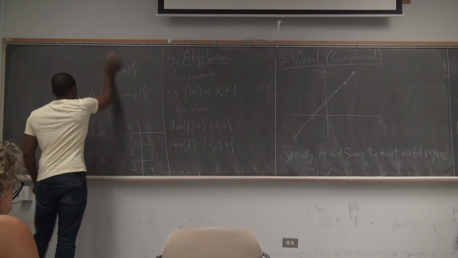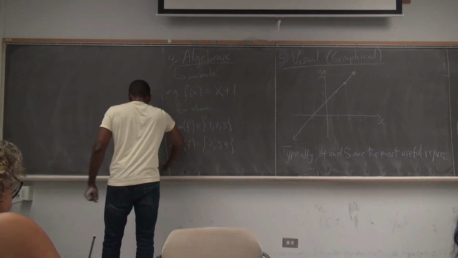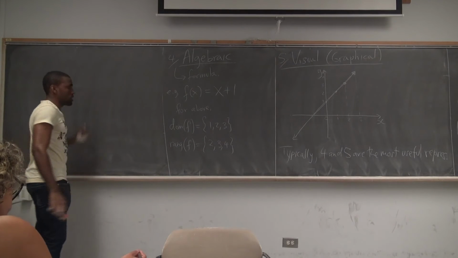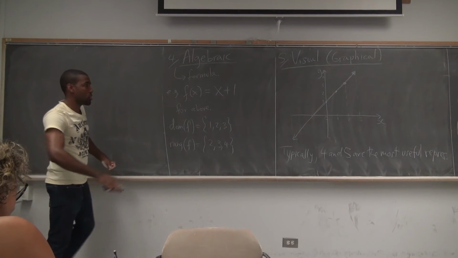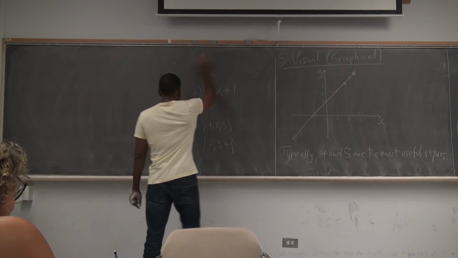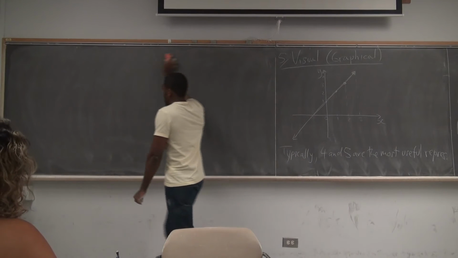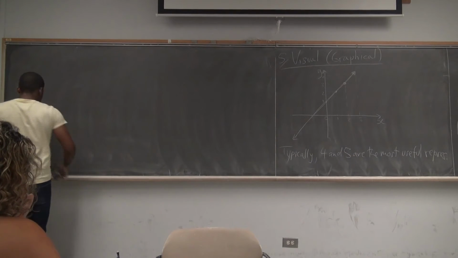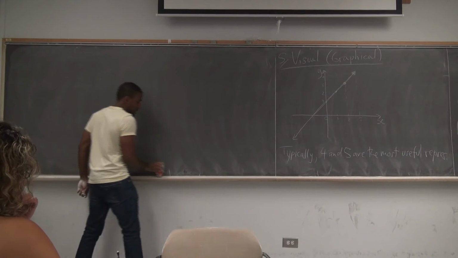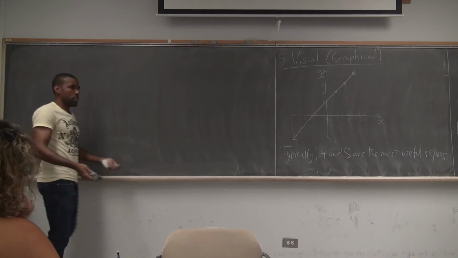So a function is just a rule that forms a relationship between objects in such a way that each object in one group is related to exactly one object in another group. If that is not true, it's not a function. And functions are all around us. So for example, we can look at the temperature and say the temperature is a function of time, right?